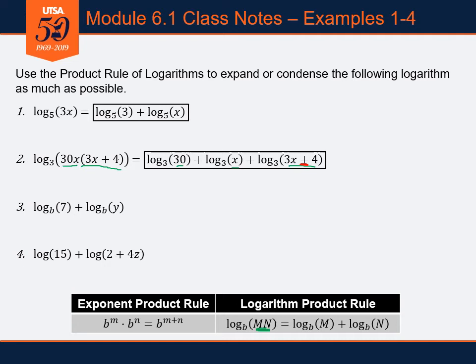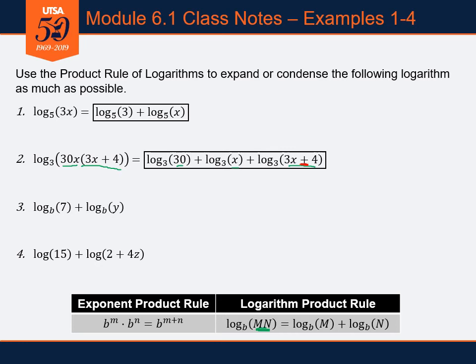That's it. We're done. Moving on to the next example, example 3, where we are going the opposite direction. We're saying if I have two simpler logarithms, then I can actually combine them into a single logarithm where what's inside the parentheses, what we call the argument of the logarithm, is a little more complicated, but sometimes it's helpful to take several logarithms and pack them together into a single logarithm.